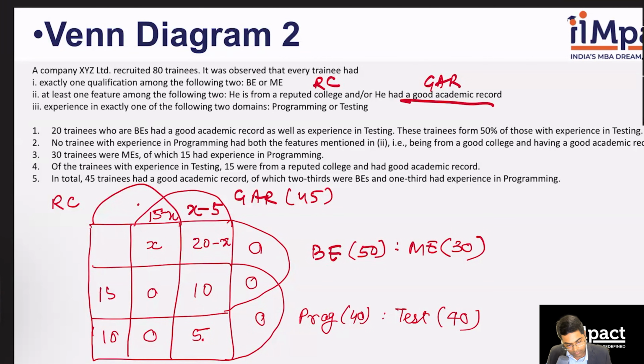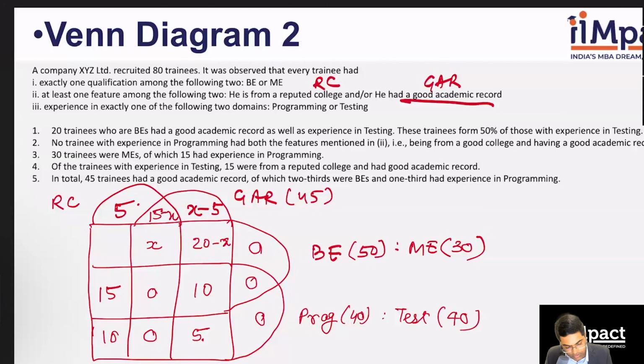This becomes 15. What else? The rest of the 15 I know had experience in testing. So the RC only becomes how much? If 15 minus X plus X minus 5 plus this part is equal to 15, this becomes 5. Very good.